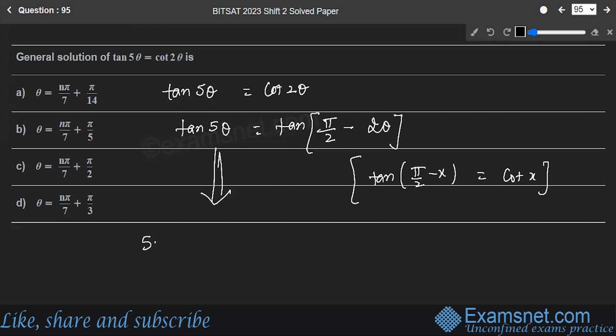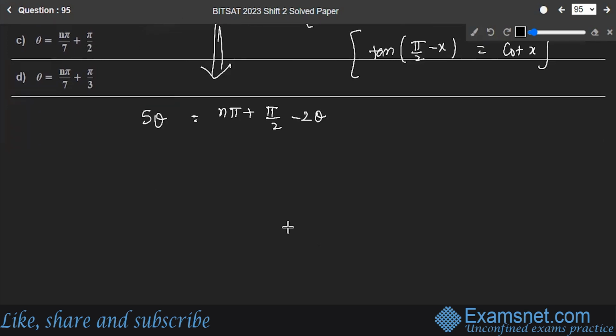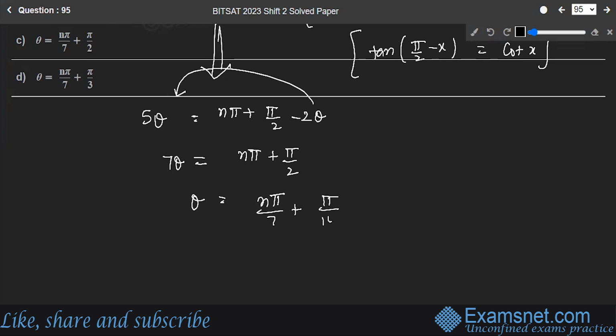That makes 5θ is equal to nπ plus π by 2 minus 2θ. Taking this over here, you will have 7θ as nπ plus π by 2, or θ will be equal to nπ upon 7 plus π upon 14.